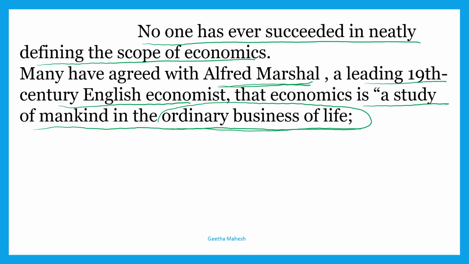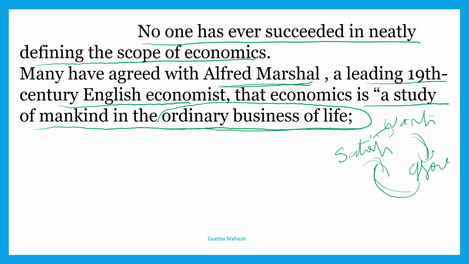There will be different types of wants. How can you satisfy these wants? In order to satisfy them, you are going to put in efforts. With the efforts, you are going to buy goods and services and satisfy your wants. Again, wants will arise and you will put in effort and try to satisfy your wants. So this is the ordinary business of life.